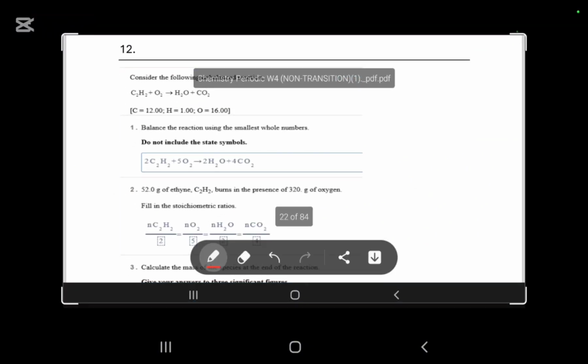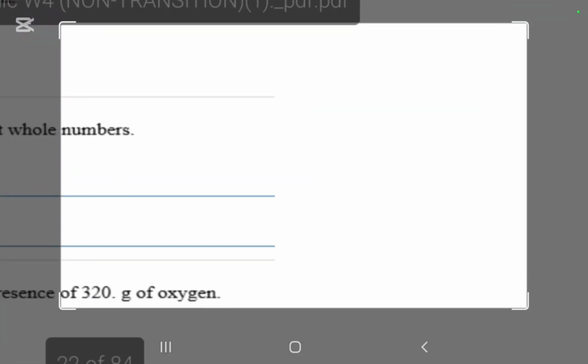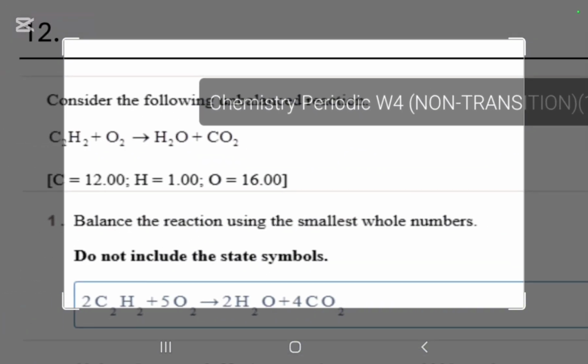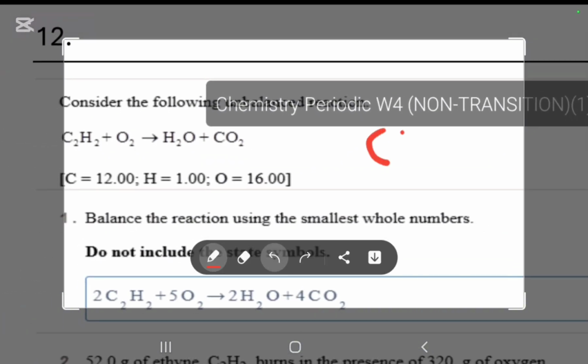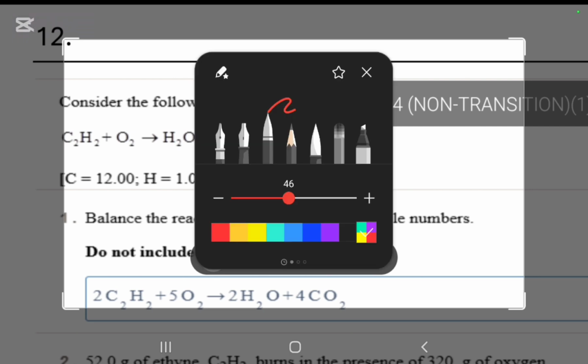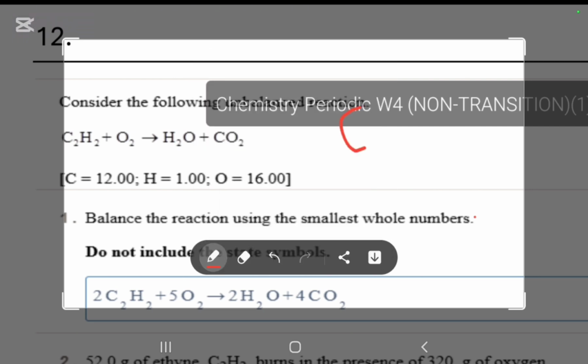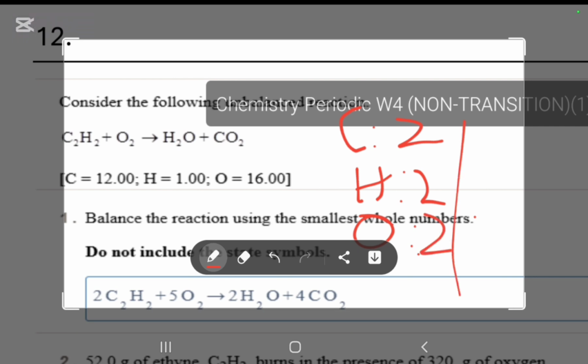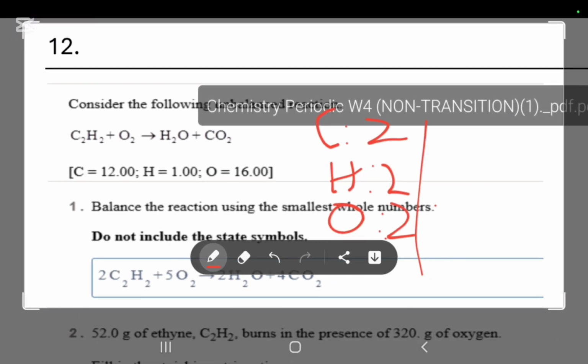So we have C is 2, H is 2, O is 2. Okay, so on the other side, C is 1, H is 2, O is 2 plus 1.